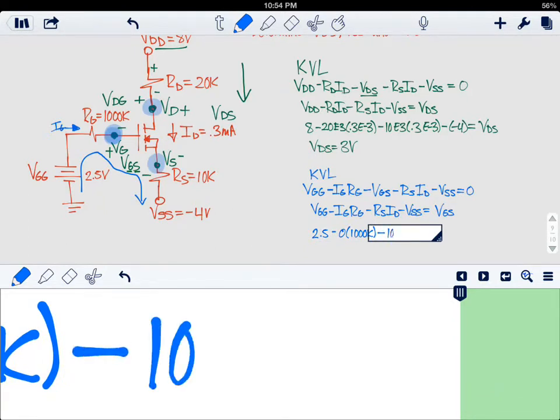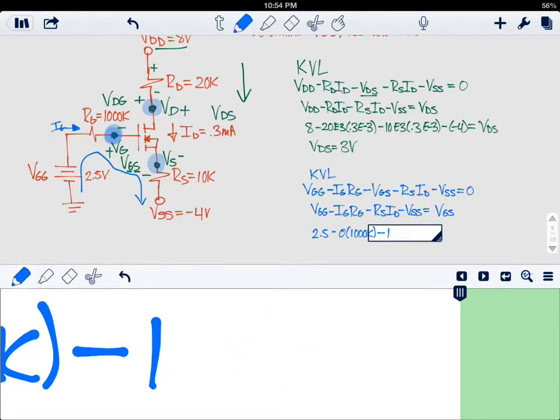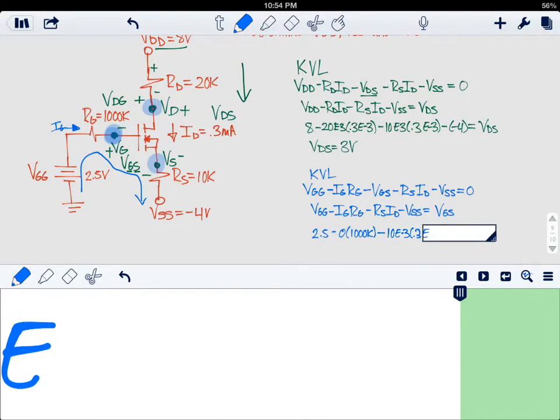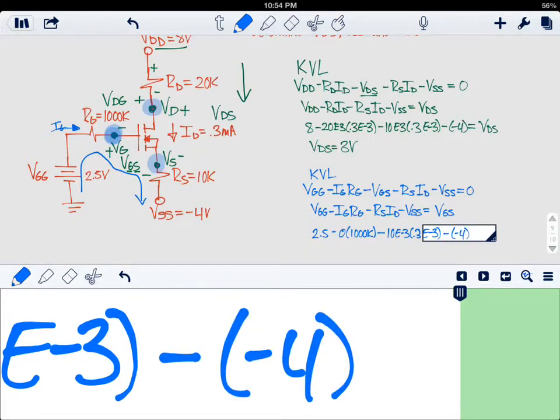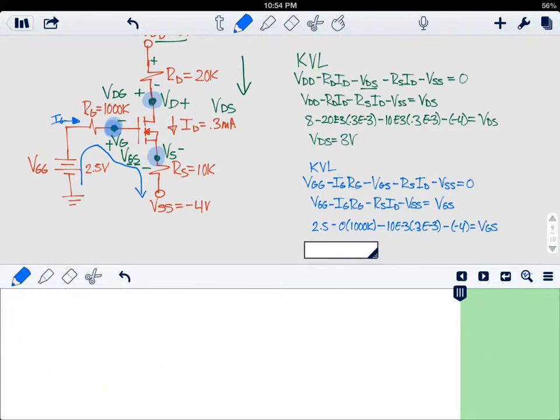And 10K times 0.3 milliamps, minus 4 equals VGS.